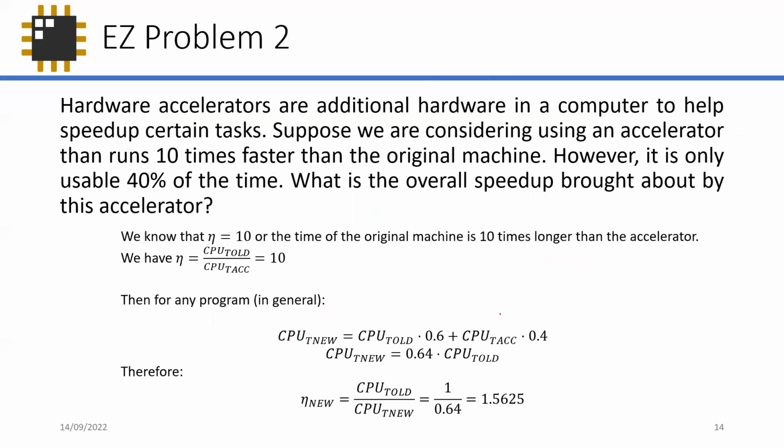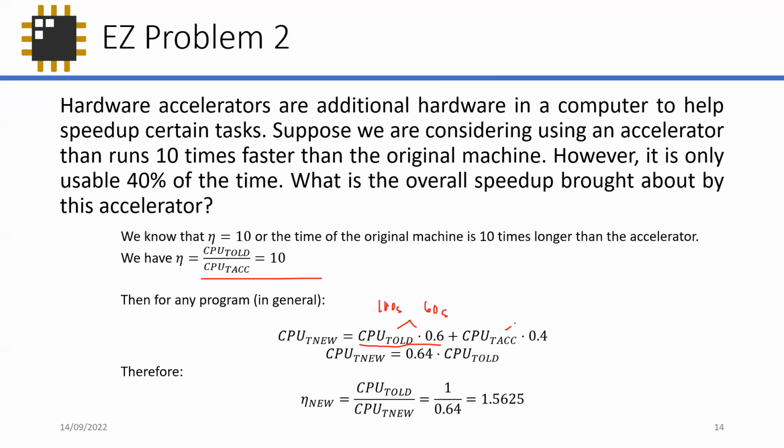But if we're going to do it the math way, we know that we were told 10. So that 60%, if you're trying to do it with variables only without assuming the number of time. So the CPU new is actually you grab the CPU old, 60% of the CPU old, maybe that CPU time old is around 100 seconds. So this entire part here is around 60 seconds only.